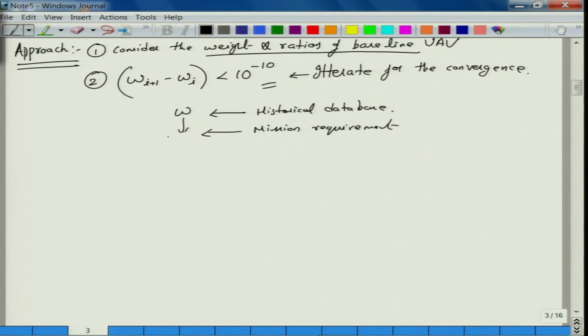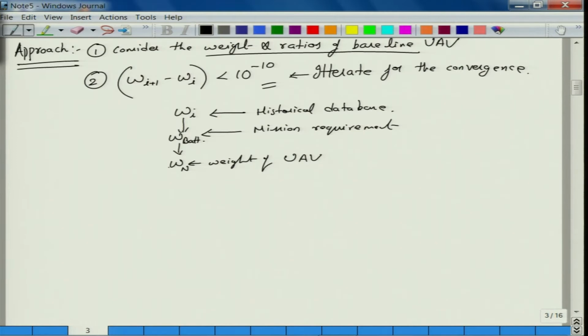estimate what should be the battery weight, thereby estimate what should be the weight of UAV. So, let us say Wn is the new weight of the UAV, Wi is the initial weight that is considered.